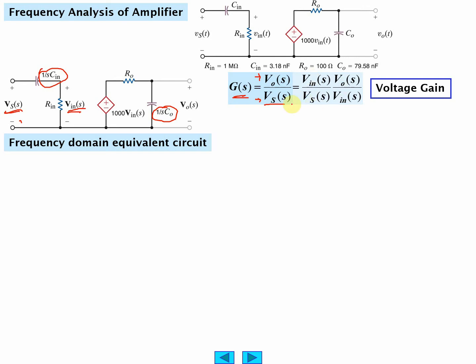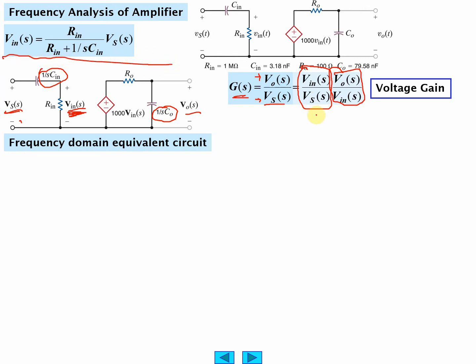Vn over Vs, and then Vo over Vn. How does Vo relate to Vn? So we can just figure this out. Multiply the two together and get the gain. This is just the voltage divider equation to get the relationship here.